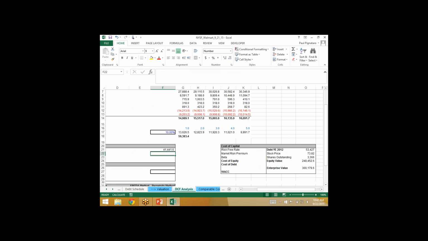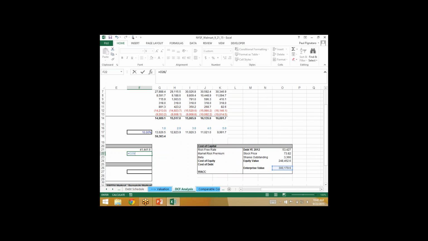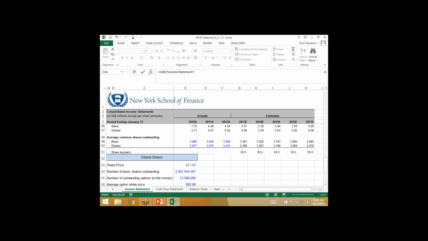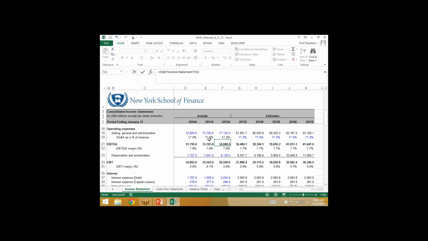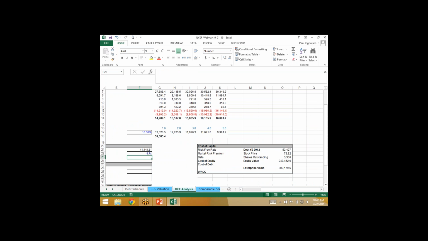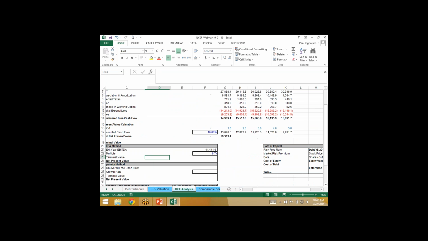So our implied multiple is going to be enterprise value divided by 2012 EBITDA. Okay. 8.7. Yes. Did I do that right?